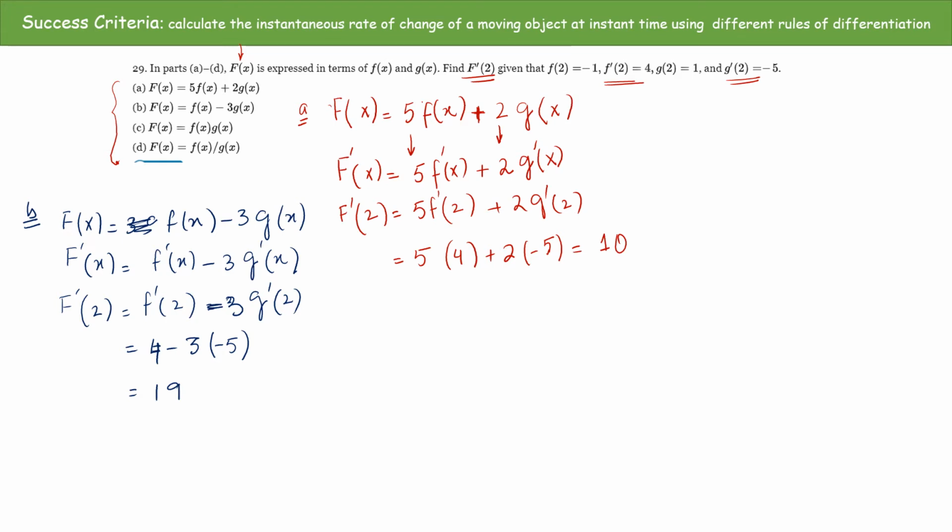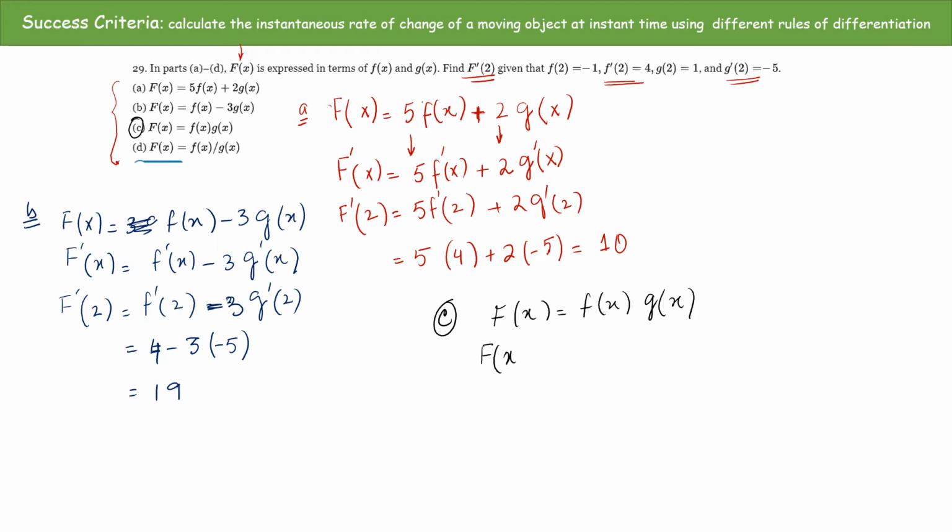Let's try one more question, that is number C. If you look at part C, the two functions are written in the form of a product. Since they are in product form, we can use the product rule of differentiation.